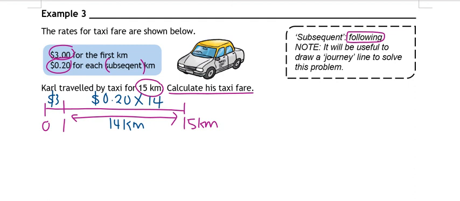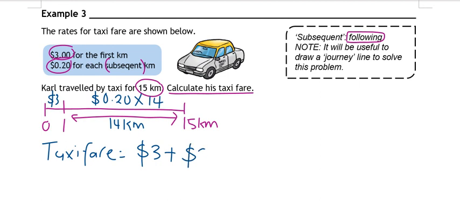So therefore, the taxi fare for him is $3 plus, let me just tell you that 20 cents times 14 will result in $2.80.